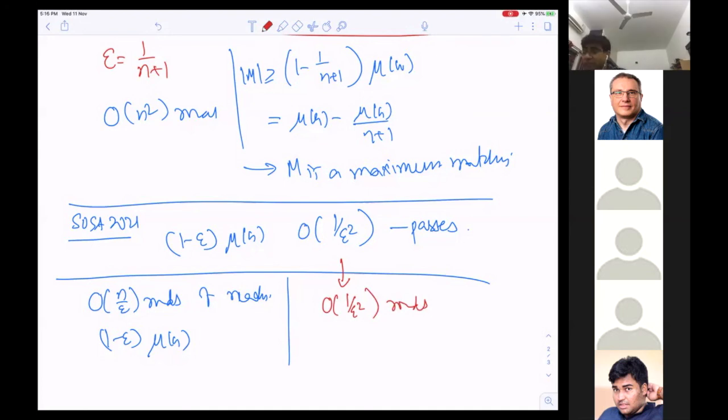There, we will not be doing one step at a time, but several steps glued together, and we will show this is good enough and converges much more quickly than order n over epsilon rounds, and gives us a good algorithm. But the amount of objects we need to store and the amount of time will depend.